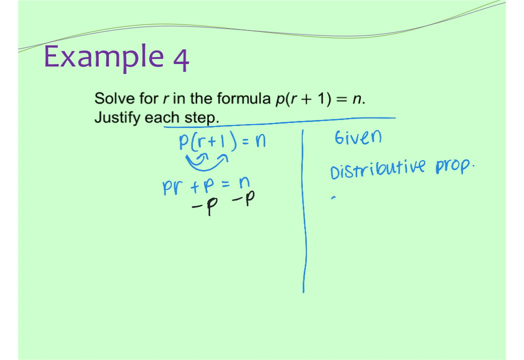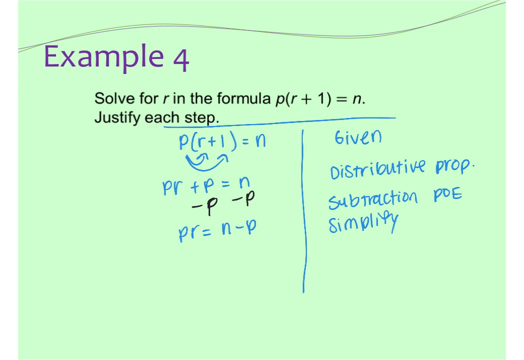When we subtract p, that's the subtraction property of equality, POE. Once we subtract p from both sides, we're left with pr equals n minus p. That was just a simplify step.